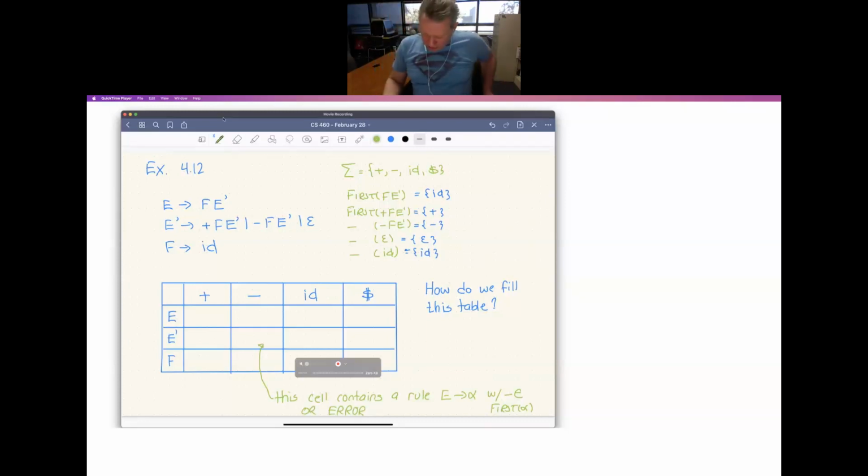So in theory, we should be able to fill this out now, shouldn't we? So if I'm trying to parse an E and I see a plus on the input, what should I do? Well, if I just annotate over here that this guy has a first set of ID, this has a plus, this has a minus, this has nothing, and this has an ID. Then again, I ask, if I am trying to parse an E and I see a plus on the input, what should I do?